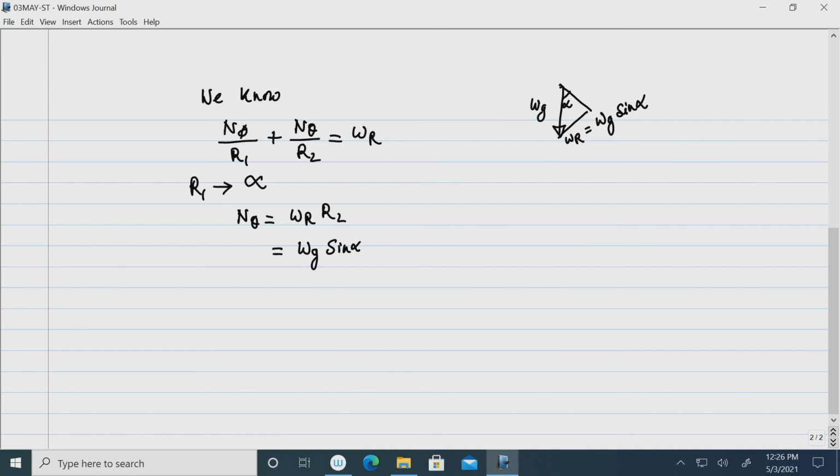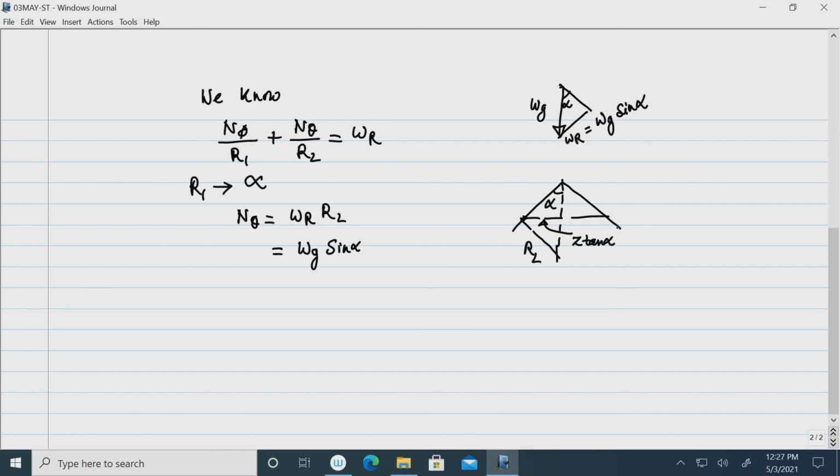And r2, as we have seen earlier, is the other principal radius of curvature. Let us express this in terms of alpha and other dimensions. So, if this angle is alpha, at this level, this is r2, and this distance is z tan alpha.